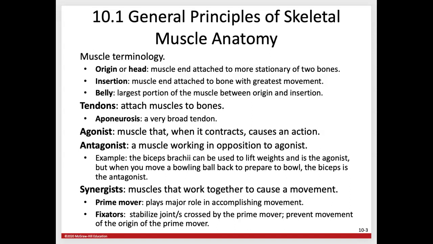And then we have something referred to as fixators, which help to stabilize joints and make a smoother movement. They stabilize the joints crossed by the prime mover and prevent movement of the origin of the prime mover. So basically they make the movement more precise, more smooth.